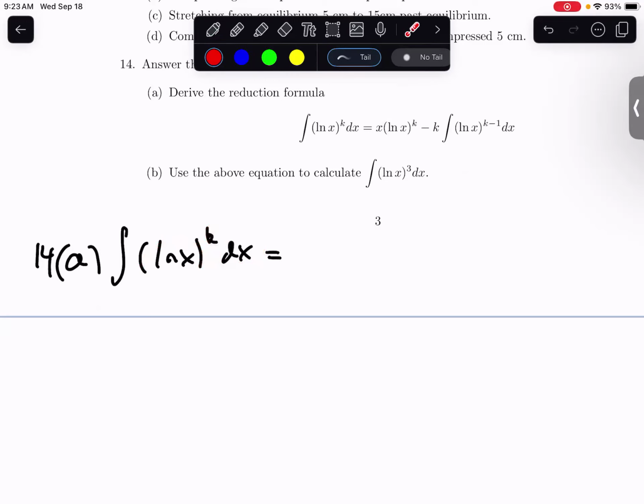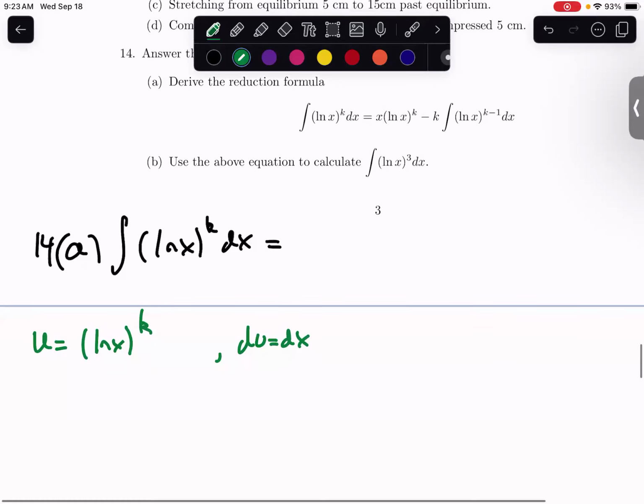We're going to do the same thing here, even though we have a power of k. We're just going to let u be equal to the natural log of x to the k, and then we'll let dv be equal to dx. Let's just see what happens. If we take the derivative of u, we have to use the chain rule.